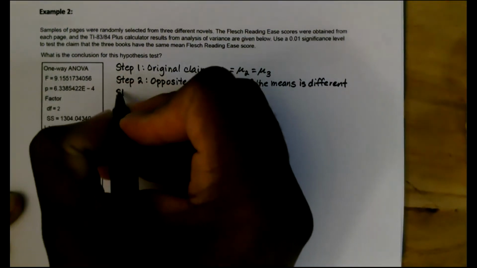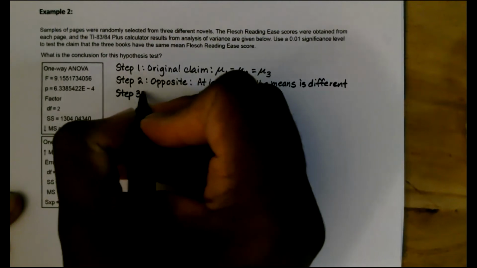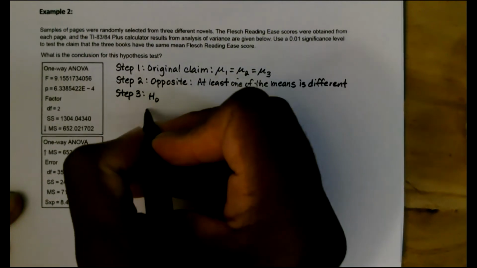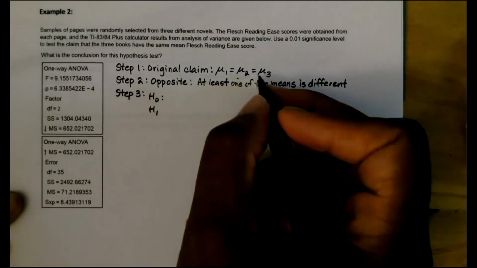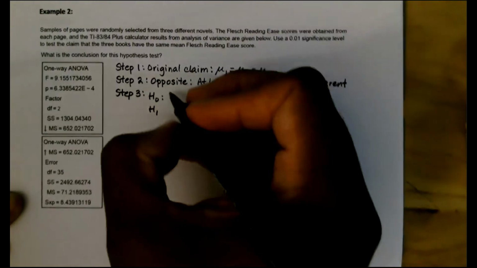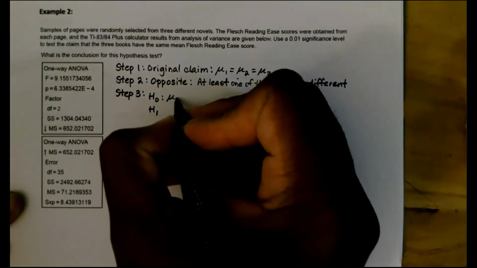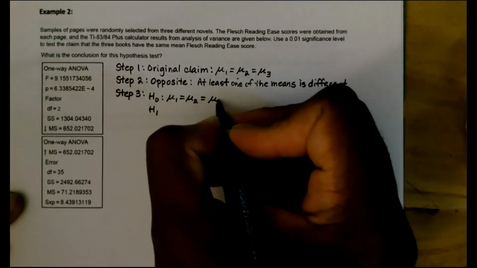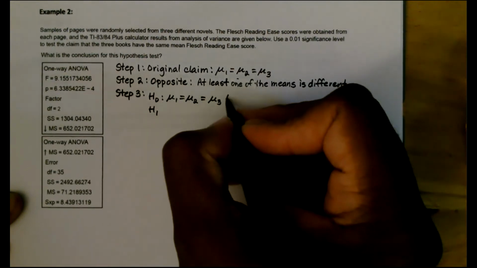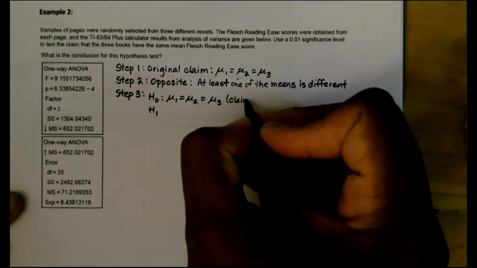All right, step number 3 is writing our null and alternative hypothesis. Well, of course, the original claim has the equal sign in it, so that has to be the null hypothesis. Mu1 equals mu2 equals mu3. And this, of course, is your claim.